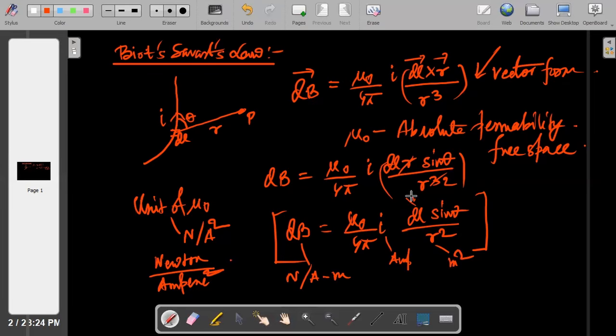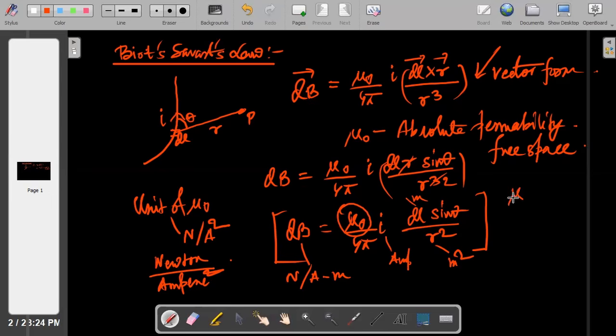This thing is meters, so you will get Newton per ampere square. You can easily calculate the unit of mu naught from this.